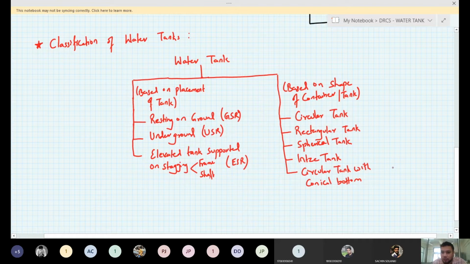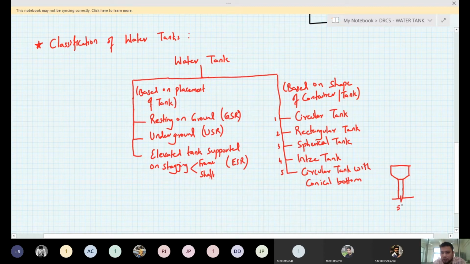See, circular tanks with conical bottoms are like this. We have a cylindrical shaft and a conical bottom, and this part is supported by staging. And here it is straight. And the Intze type tank, this is circular. Let us say this is number 1, this is 2, this is 3, this is 4, and this is 5.